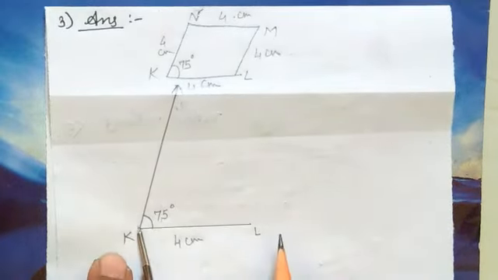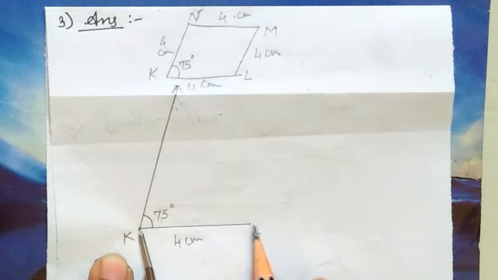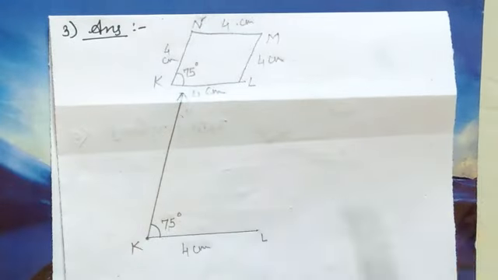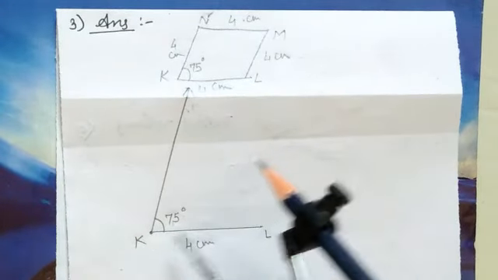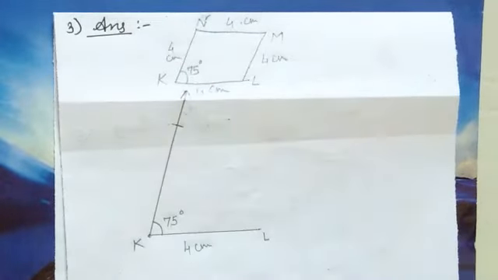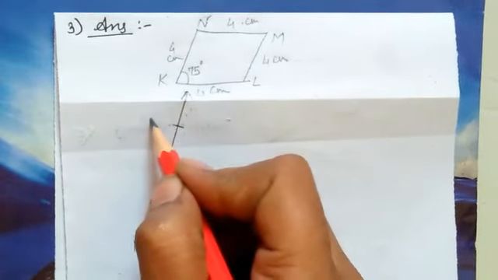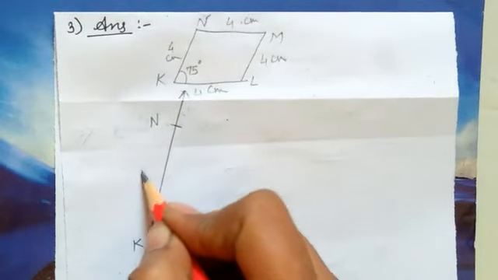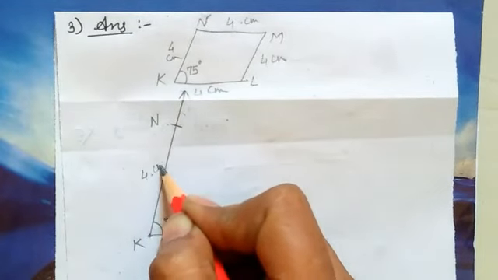So take the distance of 4 cm from the base, side KL only. Now this is 4 cm. Put the metal point over the point K. Draw one arc. Here we got the point N, 4 cm.